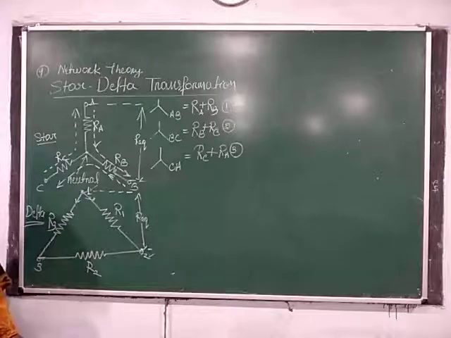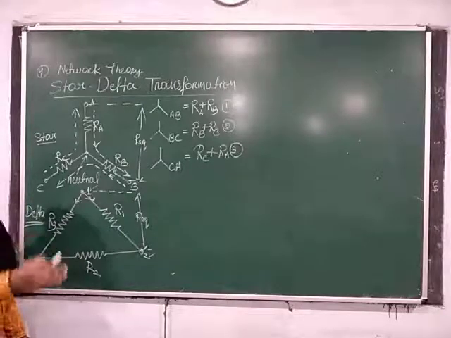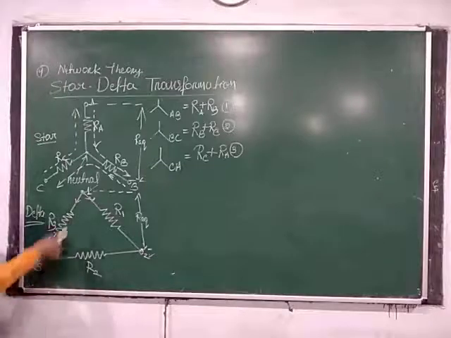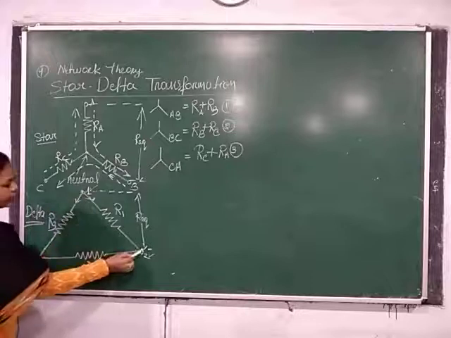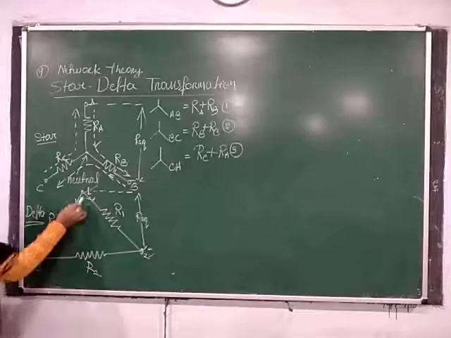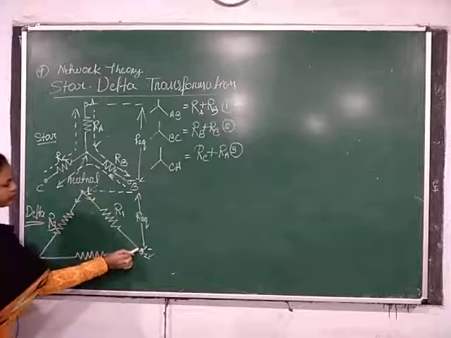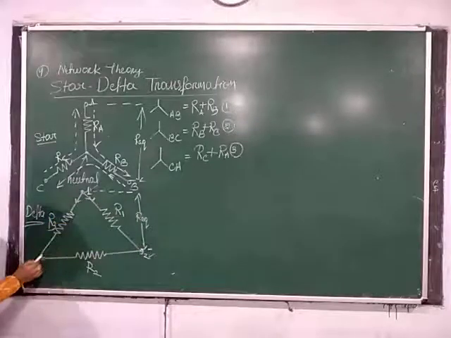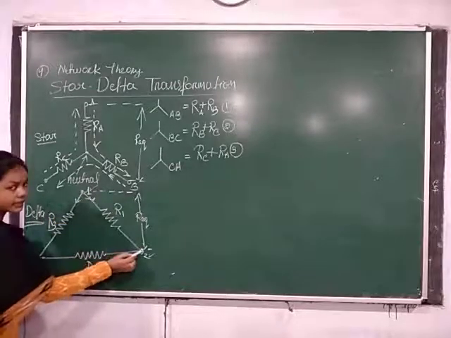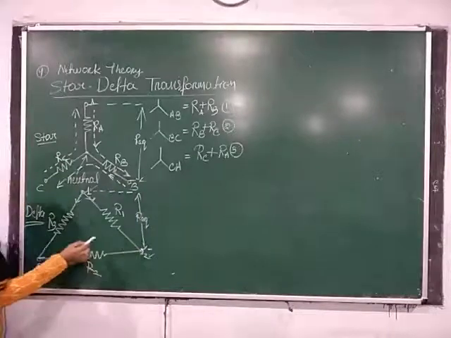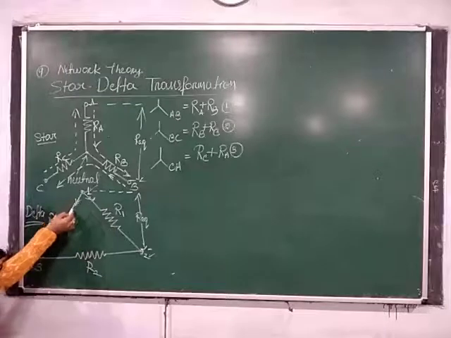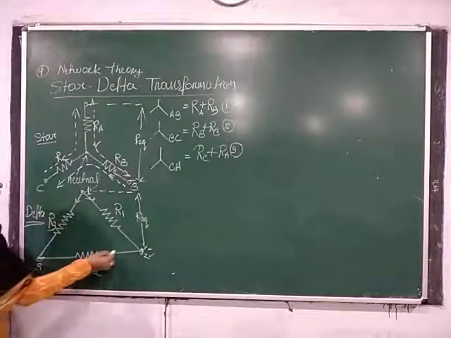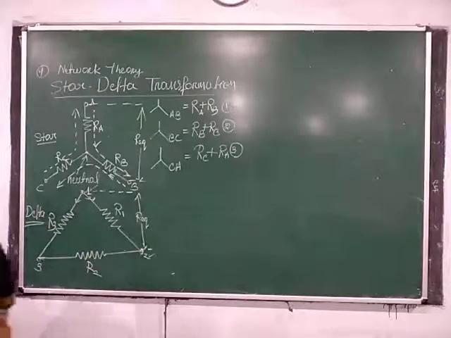You know that where currents divide, the paths are in parallel. So between points 1 and 2, this path and this path are electrically in parallel as branches. So R1 is in parallel with the series combination of R3 and R2.